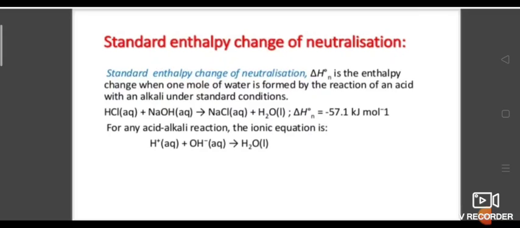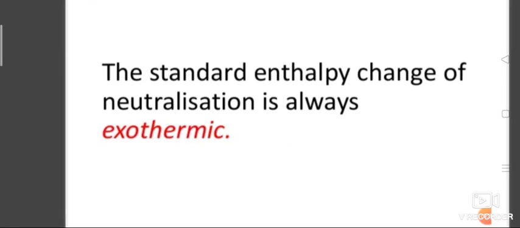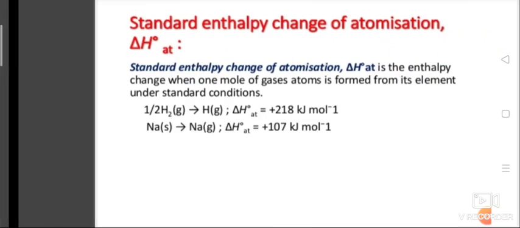Here the example is given, HCl plus NaOH. You can note down this point. How does this enthalpy change for a weak acid and weak base? The example is also given, so note it down. The standard enthalpy change of neutralization is always exothermic, so the value will be negative.